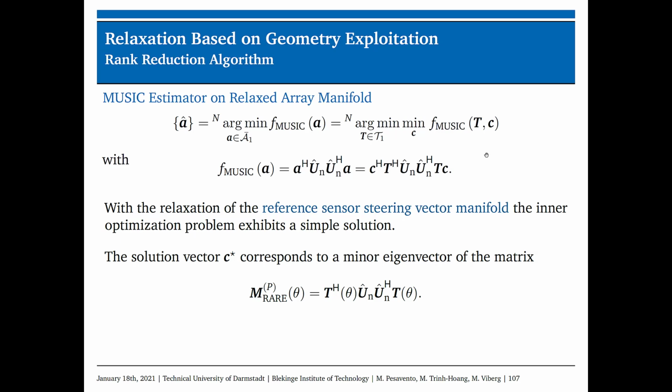The solution C star is given by the minor eigenvector of the matrix N as given here. That is an eigenvector corresponding to the smallest, the zero eigenvalue.